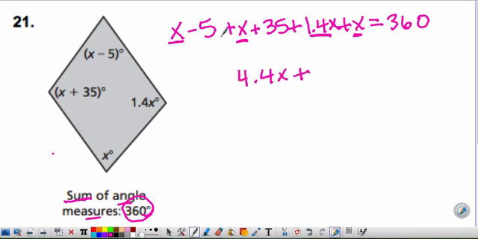Now let's combine our constants. Negative 5 plus 35 is 30, and that's equal to 360. Now we have something that looks a little bit easier to deal with.